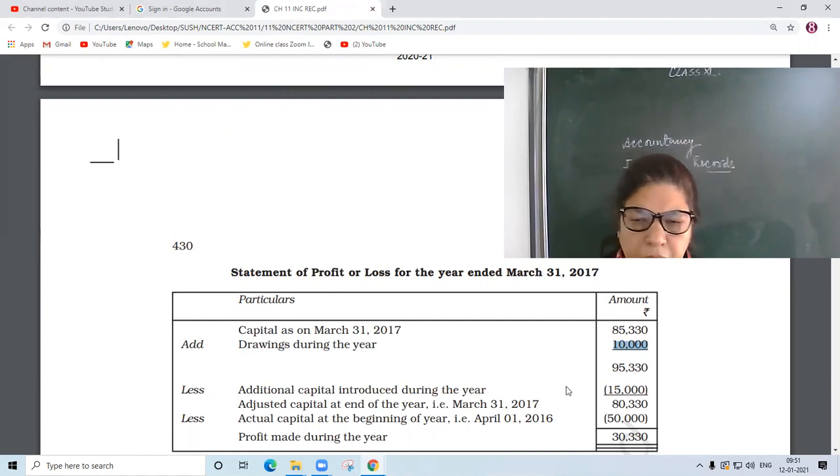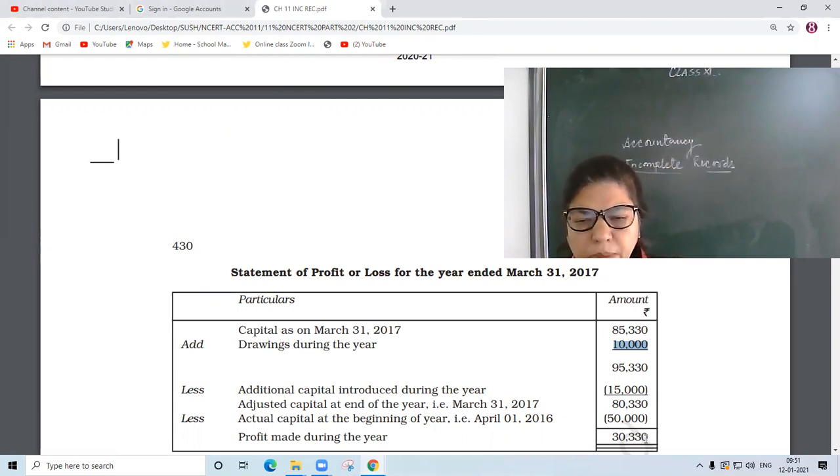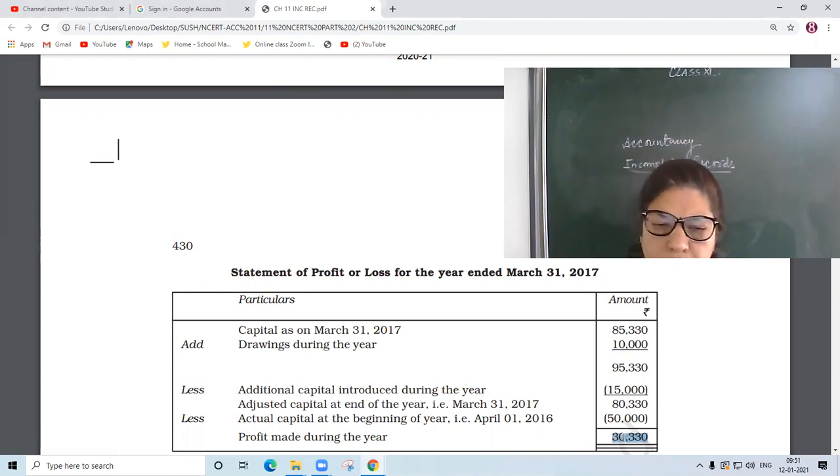You can write additional capital and opening capital in the inner column and add, and subtract in the outer column, then also that will be the same. But that will give you more accurate results. So here the profit remaining is 30,330. This is a positive number, that's why we can say this is profit.